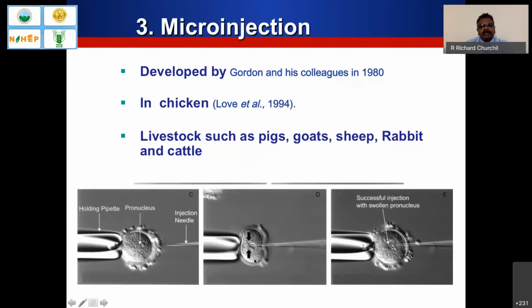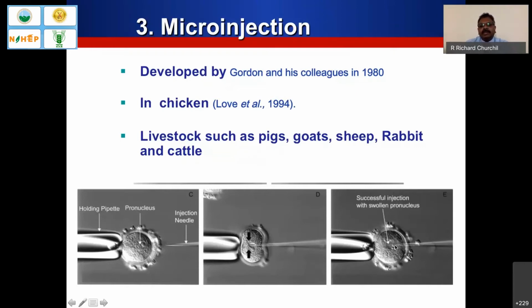So the foreign gene is injected in the pronuclear area. It disturbs the nucleus and the genome there, and it will make some cuts, and the foreign gene we introduce may get integrated during the repair process of the DNA.